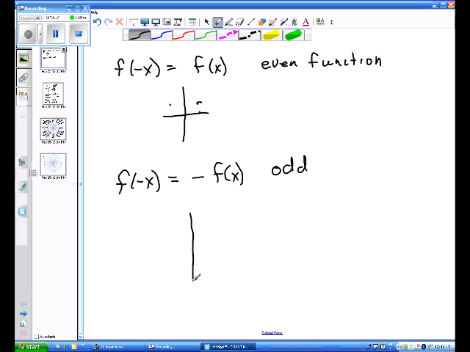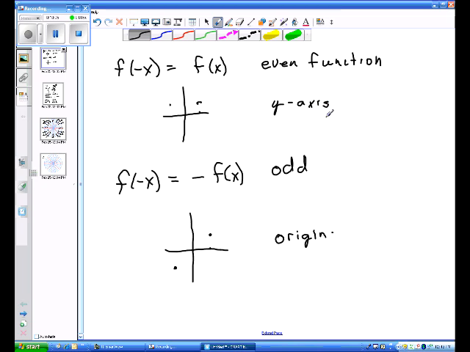What that would look like on a graph: if we have a point x, y, then when we put in that negative x, we get the opposite of y. We get a negative y. And this is symmetrical about the origin. If you remember, we have origin symmetry. And this one, an even function, is symmetrical about the y-axis.